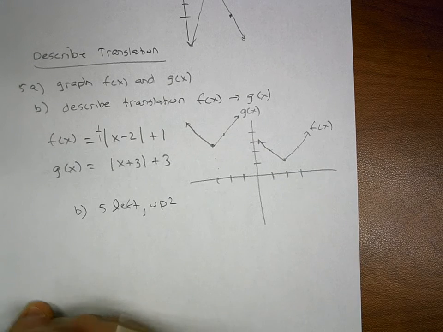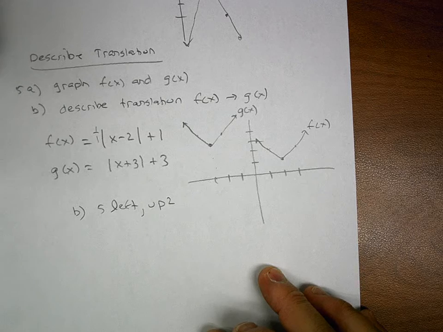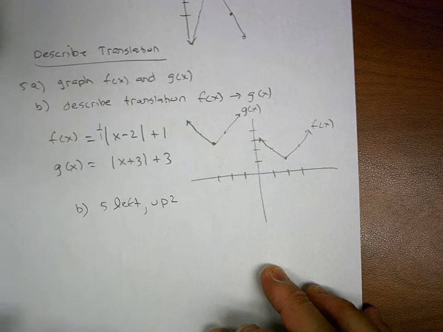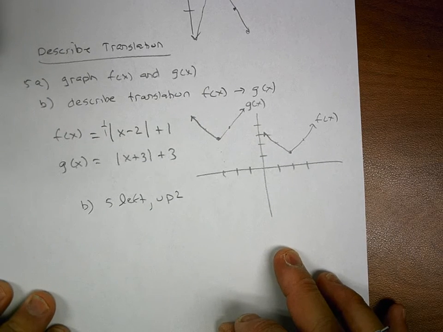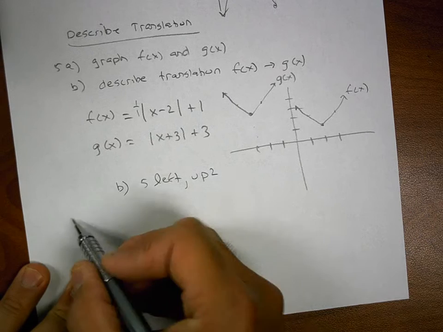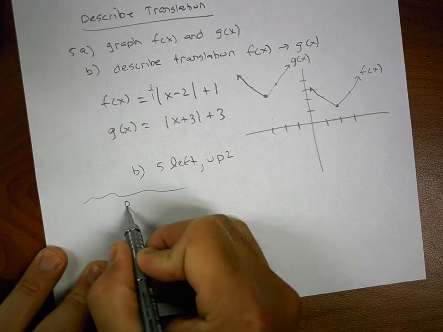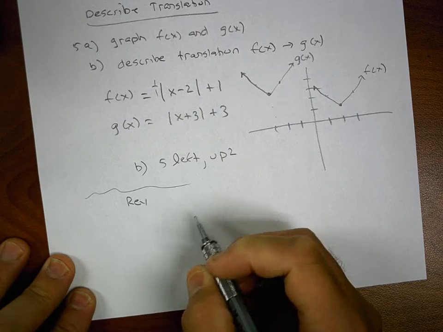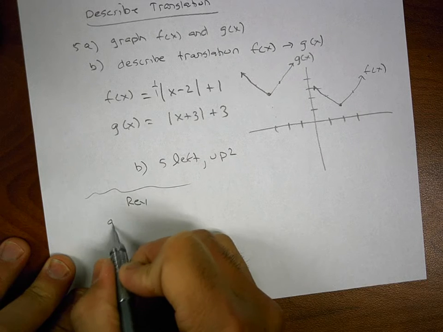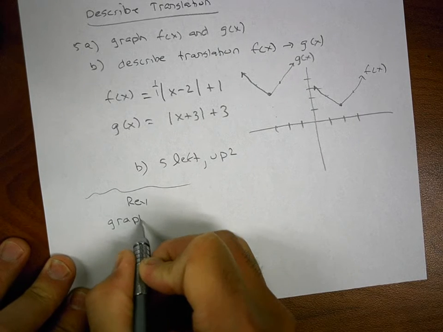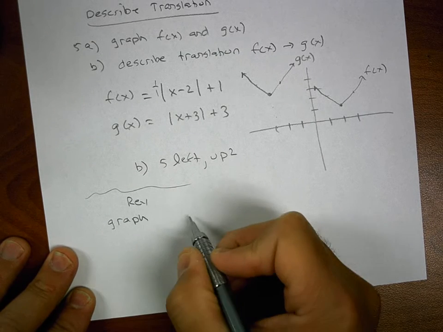Okay. I just want to make sure you see it. And let me do one more. This is just a review, because I know it's on the homework. So I want you to graph this equation.